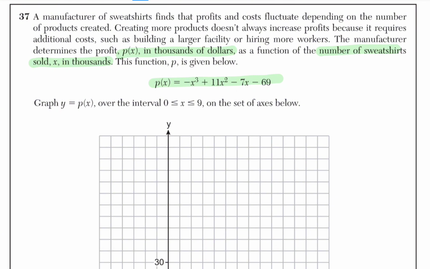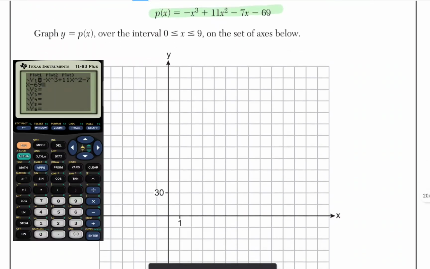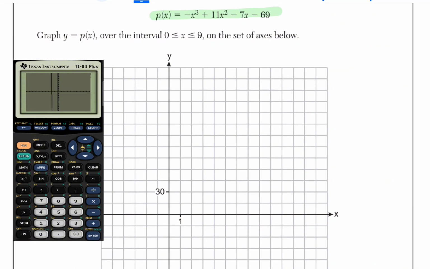So, to do this, we're going to go into our calculators. We're going to type in our equation into y1. After we type in our equation, we're going to do second graph. And we're going to go to the table of values that we get from where? From 0 to 9, because that's what they asked for. And we're going to write down those values.